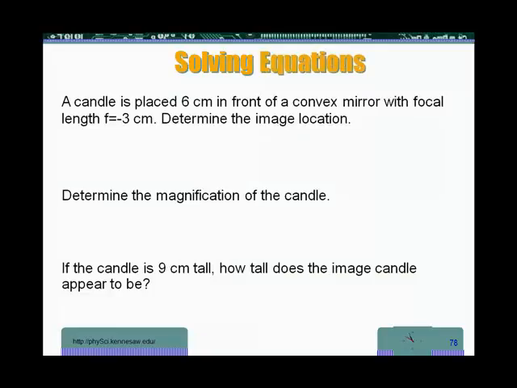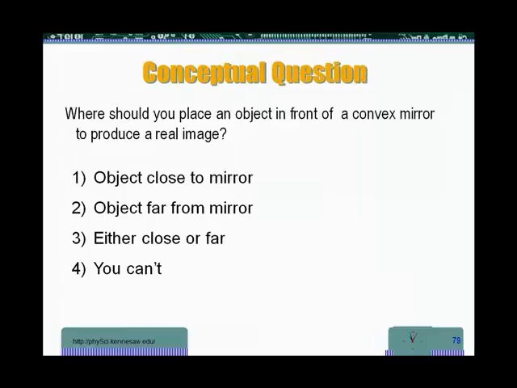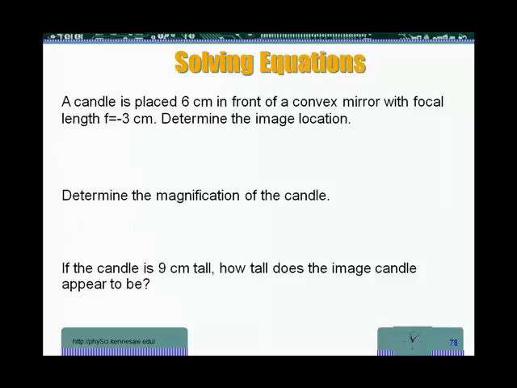Okay. Another example. We have a candle that is placed 6 centimeters in front of a convex mirror with a focal length of -3 centimeters. Notice here they give us the minus sign. They do not always give the minus sign.